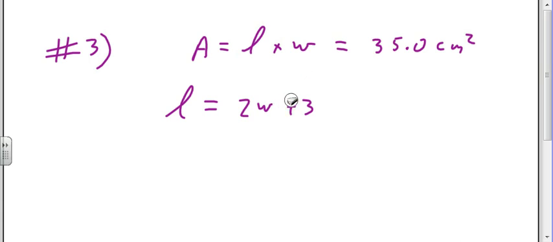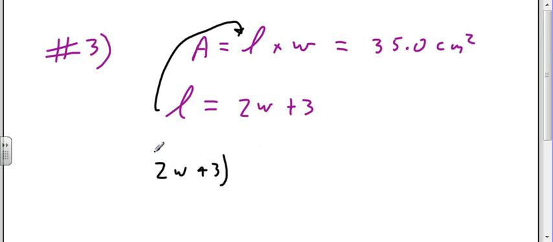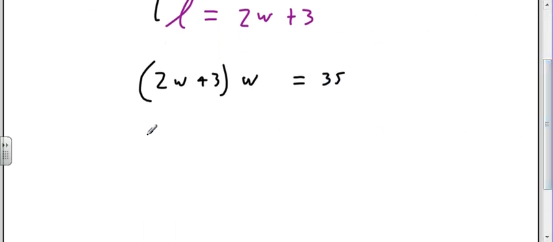Okay, so can we guess that one? I guess not. Maybe we could. Okay, well, I just take the L and put it up here and say 2W plus 3 times W is 35. And then I'd have 2W squared plus 3W minus 35 is 0.